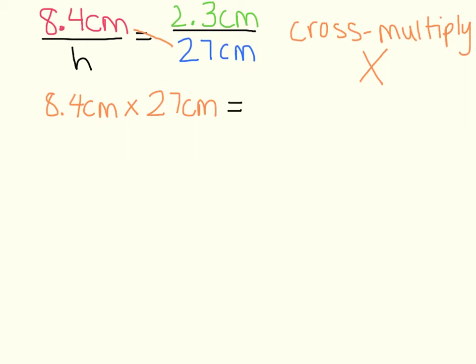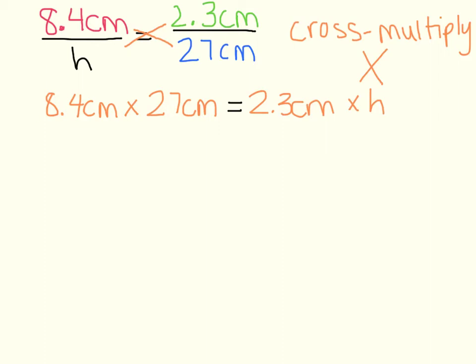That's still equal to the other side cross multiplied, 2.3 centimeters times our unknown, h. We now have numbers in a format that we can work with.